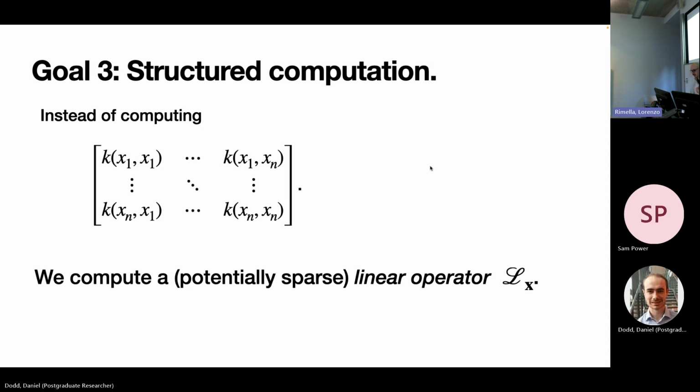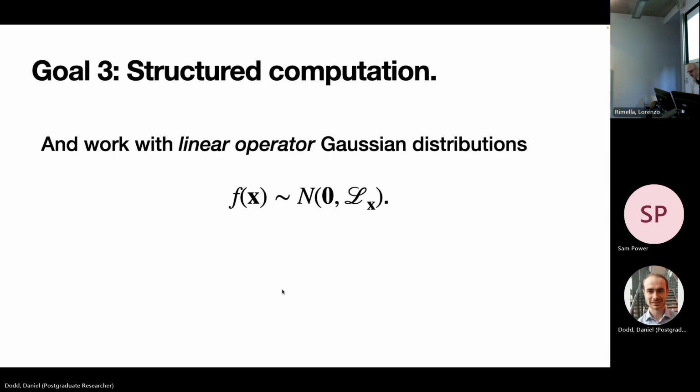So we wanted to set up a more structured computation. Instead of computing this Gram matrix, which isn't even needed in a good chunk of situations, we want to potentially compute a sparse linear operator. We want to provide an abstraction where you input your data points and get back a sparse linear operator, so that you end up working with linear operator Gaussian distributions.